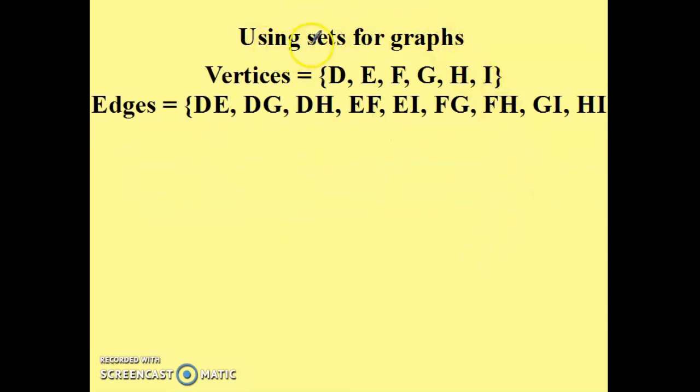Just like set theory, we can use set notation for graphs. And we can put the vertices. This is the set of all vertices. So if I was going to draw this, I would have to have 6 different vertices, 4, 5, 6. I usually draw them in a circle pattern, and that way you can make sure that an edge to each one of them is easy to do.